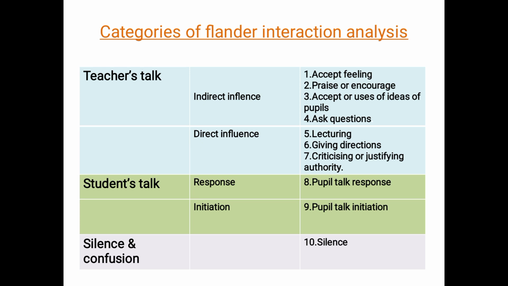In teacher talk there are two main divisions: indirect influence of the teacher and direct influence of the teacher. Indirect influence covers accepting feelings, praising or encouraging, accepting or using ideas of pupils, and asking questions. And direct influence means those things which directly influence the student.